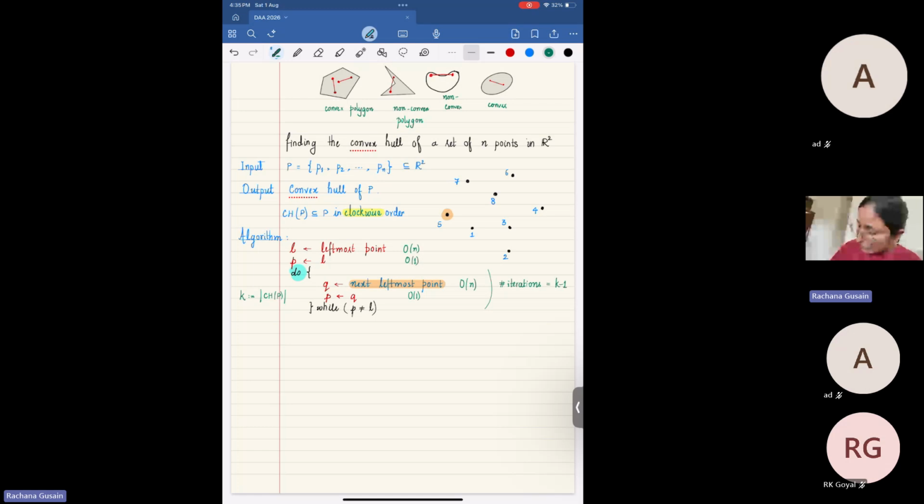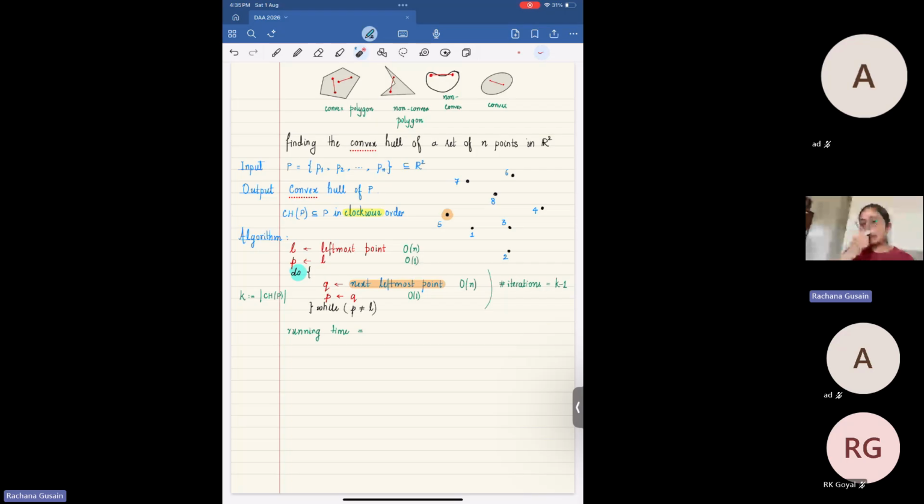So the overall running time will be how much? In each iteration, I'm going to take order n time, order n plus order 1, which is order n. And I'm going to repeat it roughly k many times.